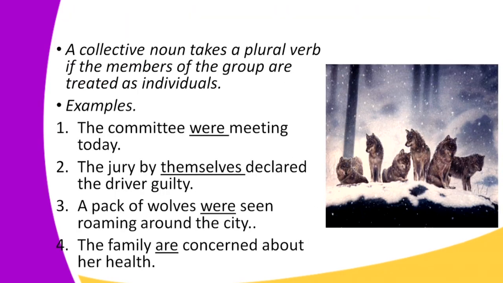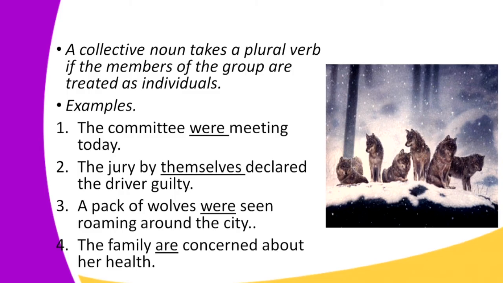Let's move on. In the case where collective nouns take plural verbs, it is when the members of a group are treated as individuals. Example number 1, the committee were meeting today. We have the same sentence that we assigned a singular verb, now we are assigning it a plural verb, were.